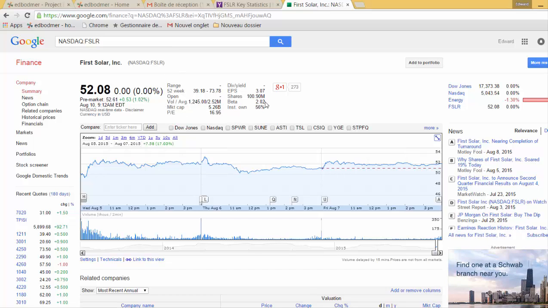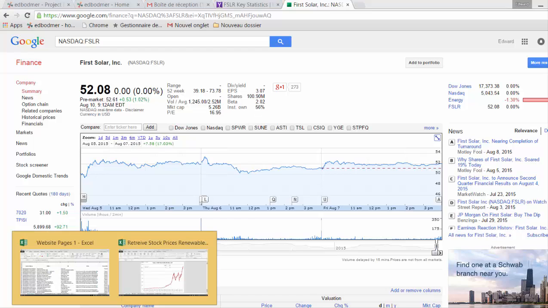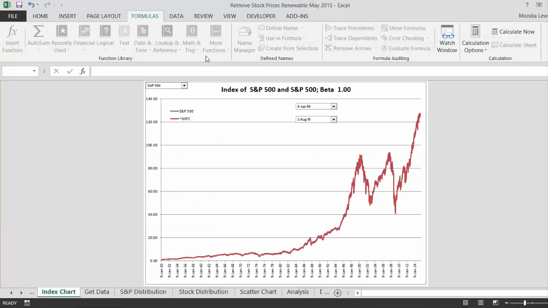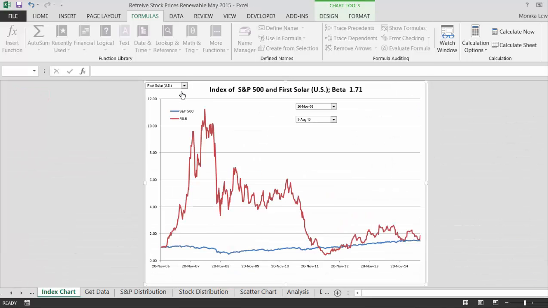Here, beta 2.02. That's pretty dramatically different if you apply it to the capital asset pricing model. And remember, when we did our own analysis, we kind of got different answers, but we put the First Solar in here. And we get 1.71 if we take it for the entire period.